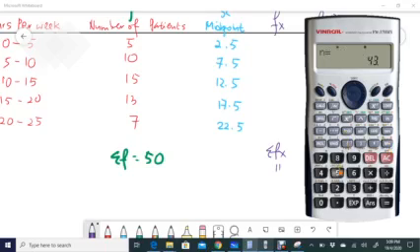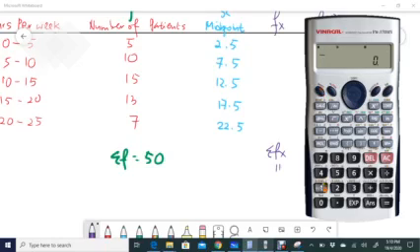Then 22.5 shift comma 7 M plus. So you have 50. Go and check your data, is it correct? 2.5, 7.5, 10, 12.5, 15, 17.5, 13, 22.5, 7. Yes, correct.